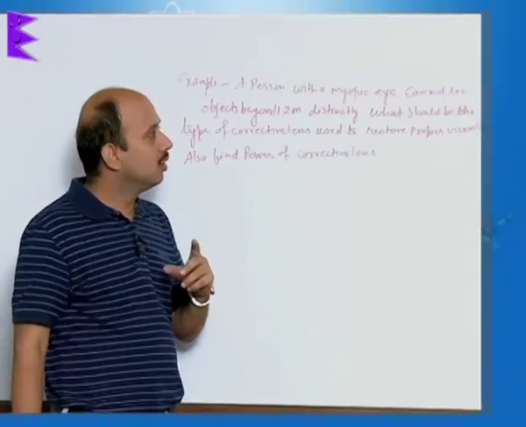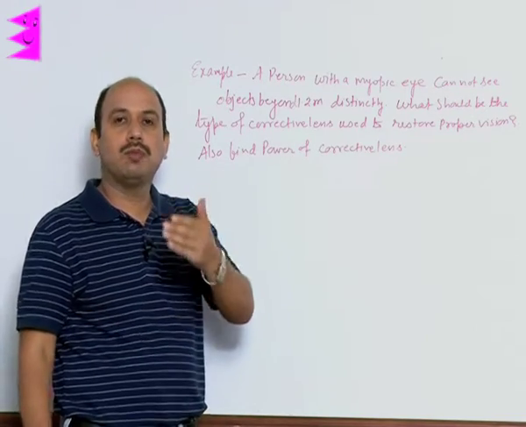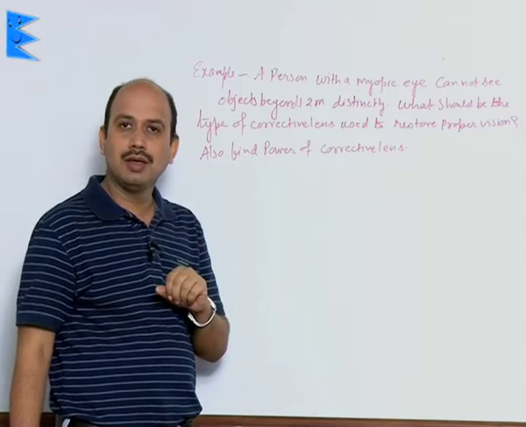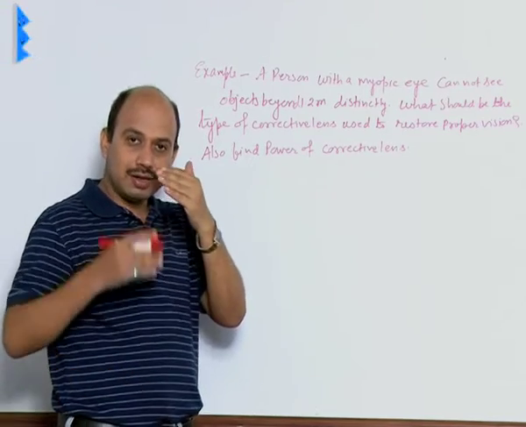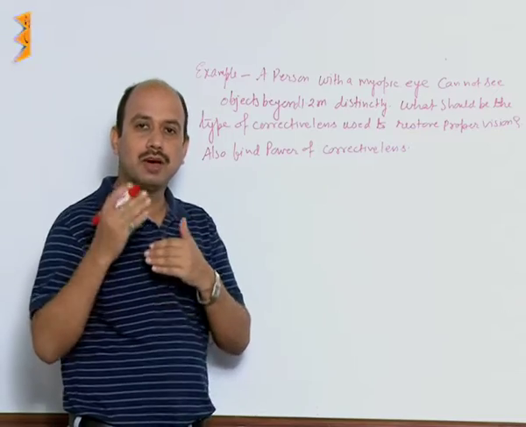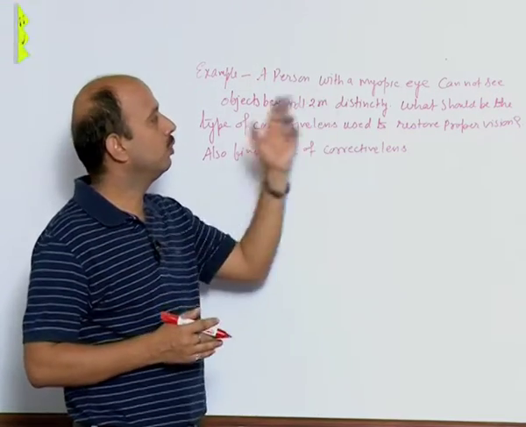So, here the person has got a myopic eye and he cannot see beyond 1.2 meter. So, what happened in case of the myopic eye? I have told you the far point of a normal eye is infinite, but the far point of a myopic eye reduces. Here that is 1.2 meter.